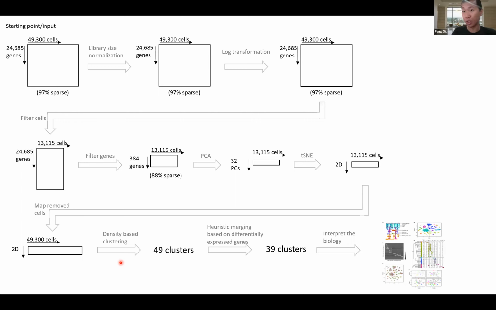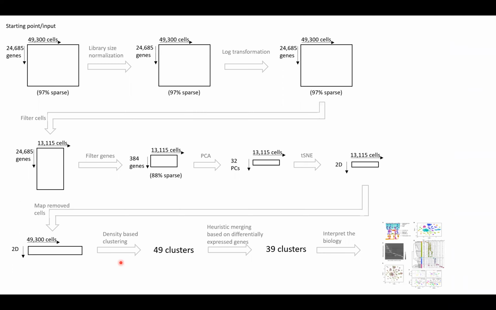Now, as opposed to that, if the study only generated 5,000 cells, then when they do differential expression analysis of their clusters, they will naturally see a much smaller number of differentially expressed genes. So in that case, maybe 10 would be a good threshold: if two clusters have fewer than 10 differentially expressed genes, we say they're the same cluster.